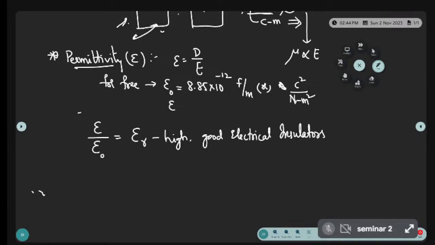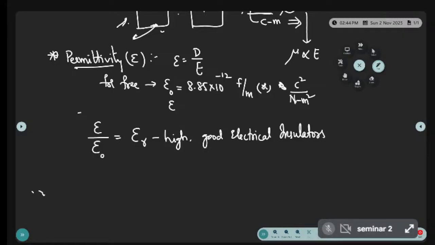Insulators means which does not allow. An electrical insulator does not allow electric current. Good means they won't, when the material's dielectric constant is high. What is dielectric constant?